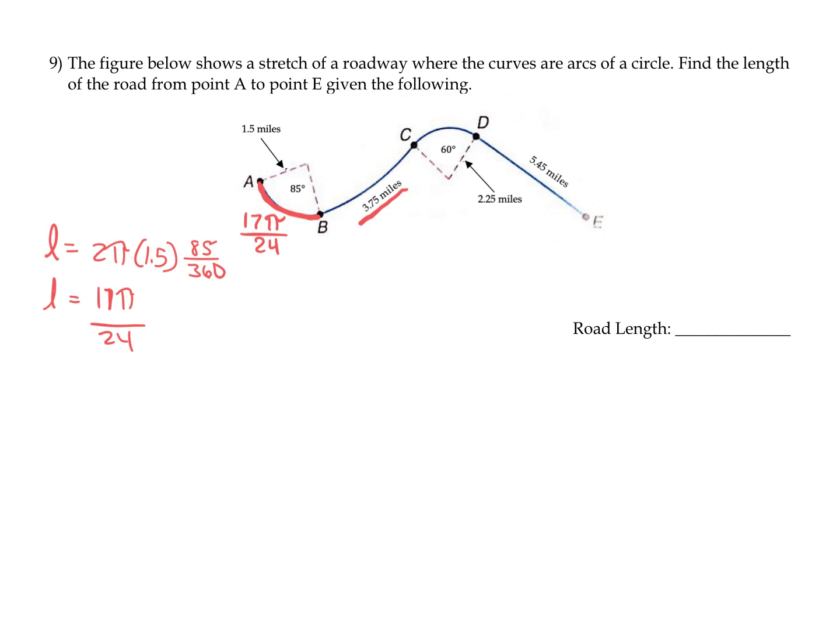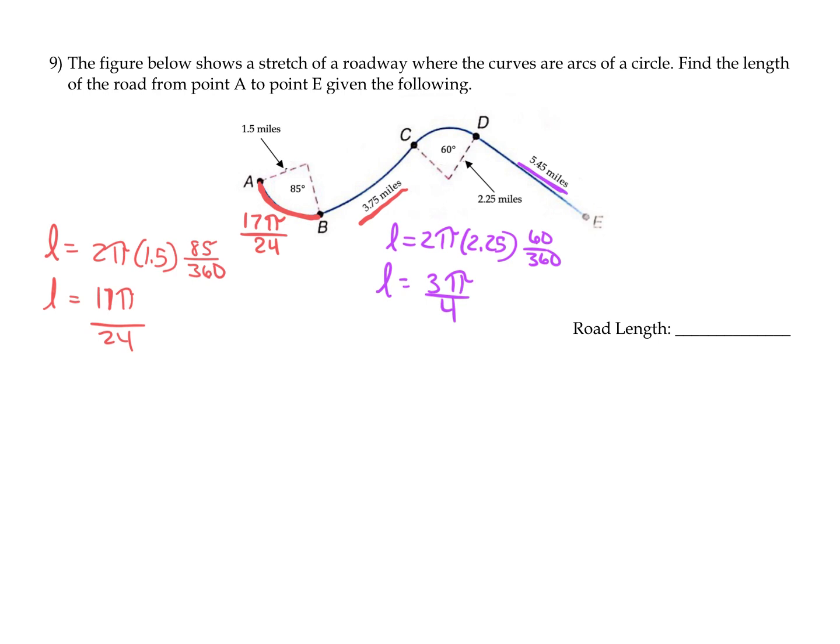Now I'll do this center portion. So my length is equal to 2 pi, the radius is 2.25, times 60 over 360. I'm going to put that into my calculator, and this gives me 3 pi over 4. And then that's the other length. So I'm just going to add these up.